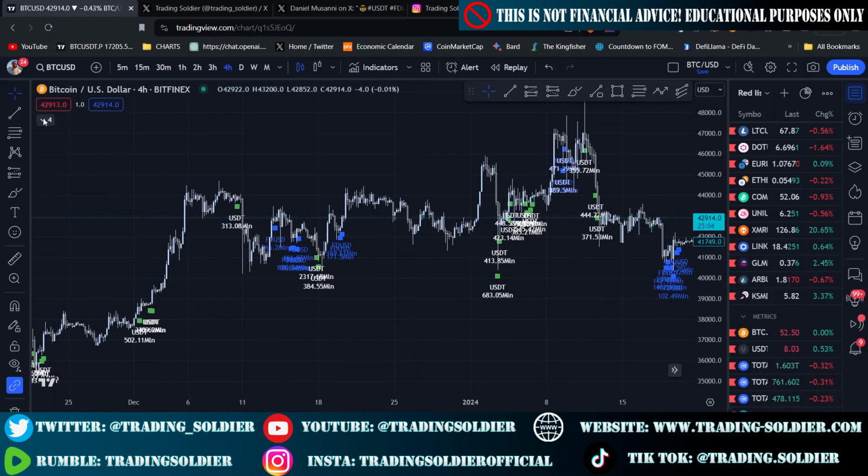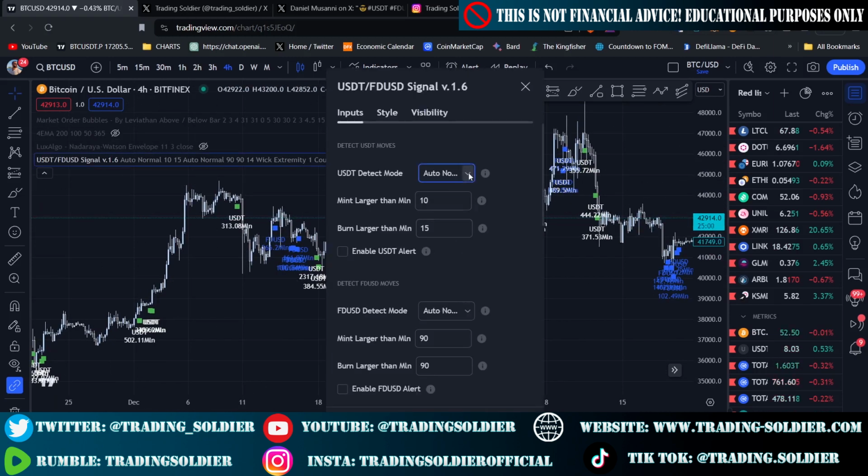The settings that you should have to see this functionality come by default. You should have the auto normal setting enabled. You can also enable the alerts for USDT, so TradingView will give you an alert every time an issuance of USDT is pumped into the market.